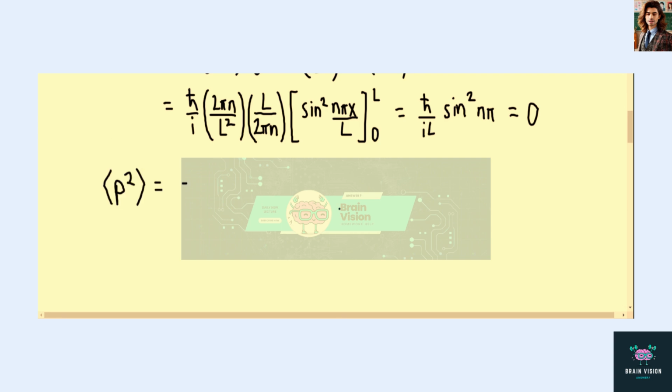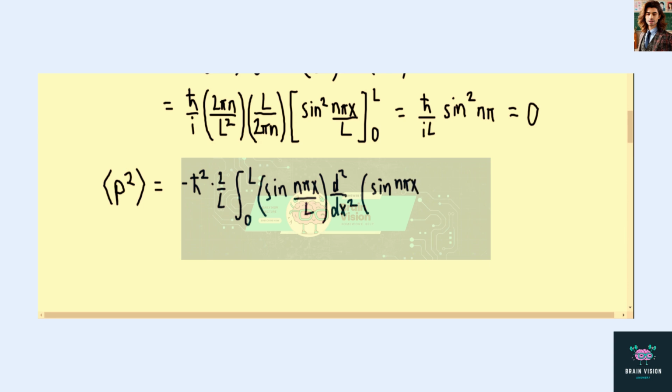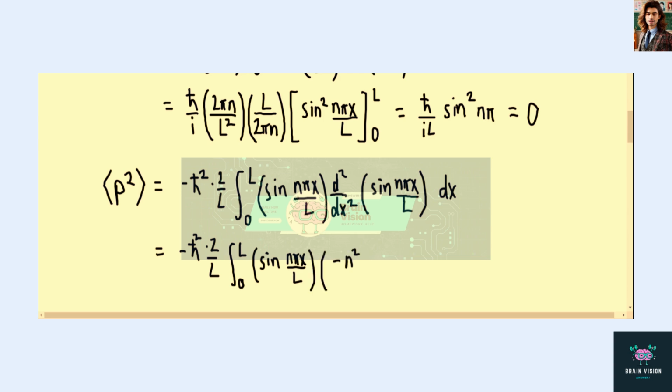Now, let's go ahead and get the expectation value for the momentum squared. And here we take the second derivative of the wave function on the right-hand side in the integral. So we're just taking the derivative of it twice, and we get the sine on the left times a factor with a negative sign on it times the sine again.